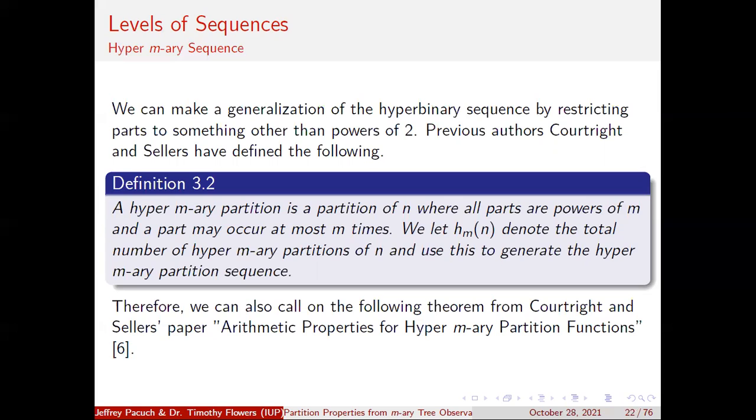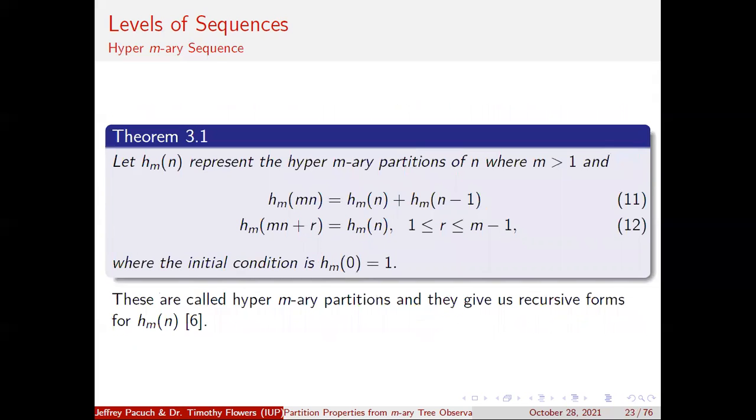There's actually a really cool paper from Courtwright and Sellers called Arithmetic Properties of Hyper m-ary Partition Functions, and they proved a really cool theorem. So we get to theorem 3.1 here, where they say if we have a hyper m-ary partition of some integer n, the following 2 equations will hold. We can find these recursions for the hyper m-ary partitions of m times n, and we can see that these 2 will hold.